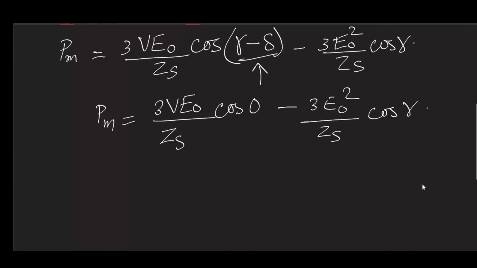Suppose you have these 2 points between which you have a rubber band like this, and you are pulling it in this direction or in the other direction. So you are causing an elongation in that rubber band.